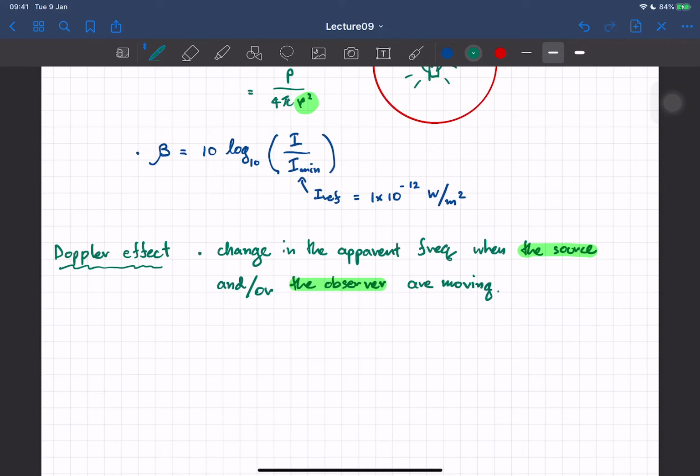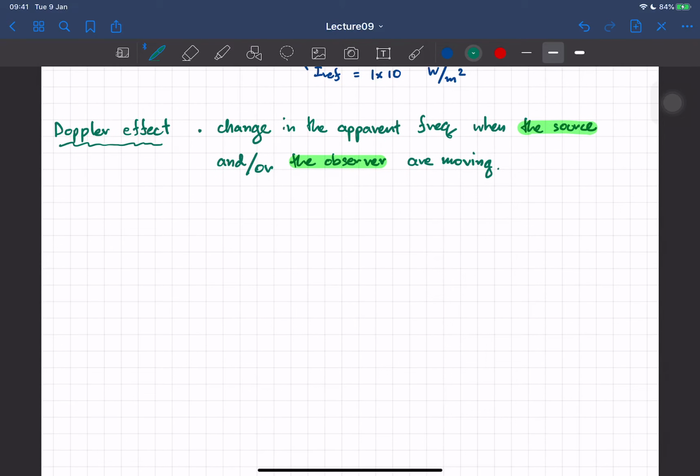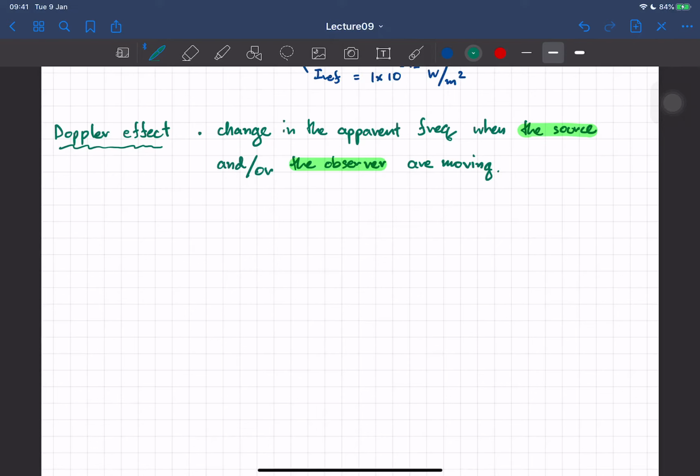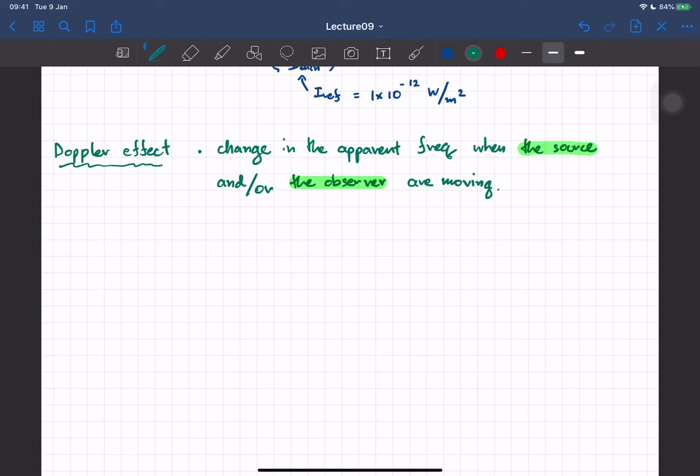If you look at a video clip of a car racing, and you hear the sound of the engine, that's also the same thing. So I hope you all know what I'm talking about here. Let's try to explain why that's the case. We're going to look at one of the two cases at a time, and in the end, you can just combine.